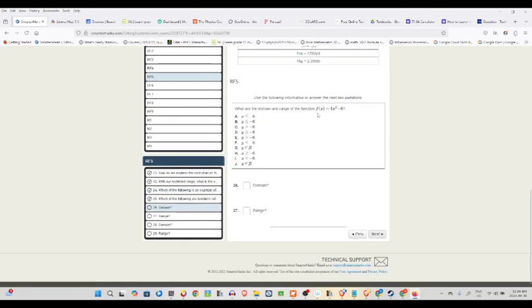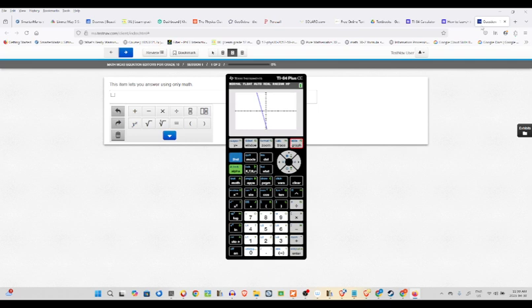Now, what are the domain and range of this function f of x equals 4x squared minus 6? Well, this one we haven't done explicitly in class, but we can graph it. 4x squared minus 6. If we graph that, okay, we see it curves and it continues on both sides.